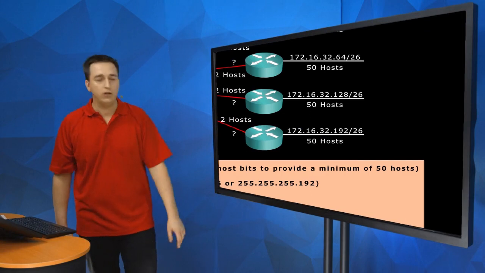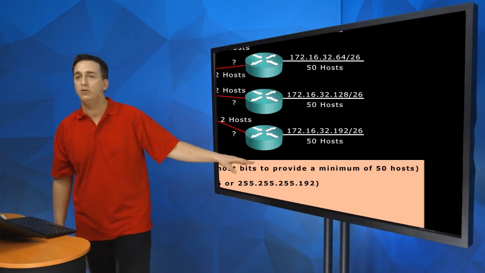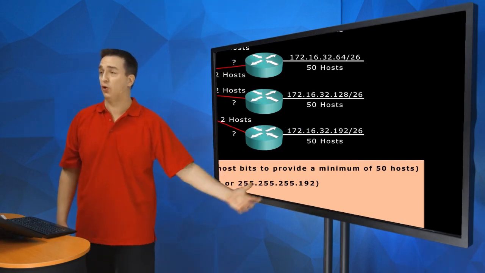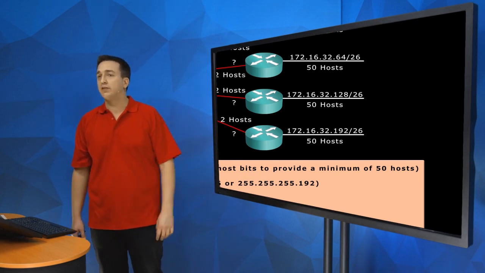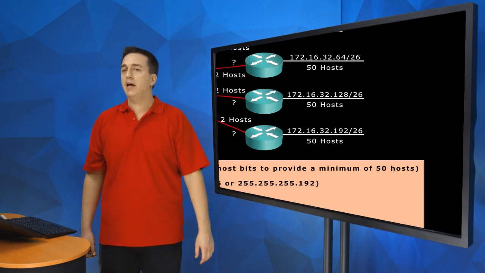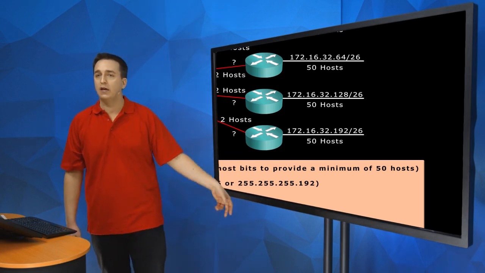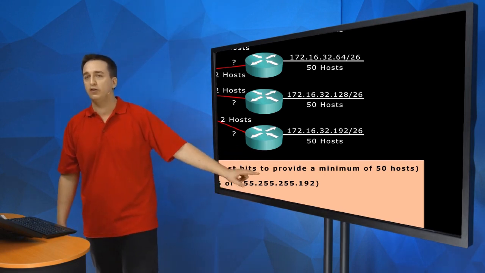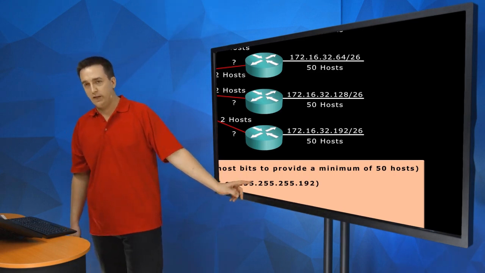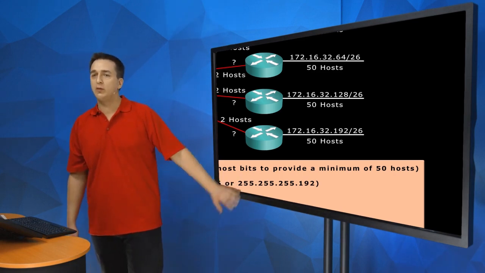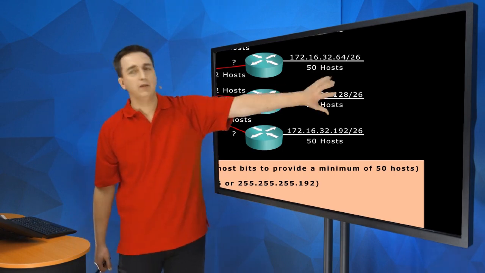So 256 minus 192 equals 64. There's a nice little shortcut. So we're counting by 64 in the fourth octet. 32.0, 32.64, 32.128, 32.192, then 33.0, 33.64, etc. So we took the first 4, and we plugged them in right there.